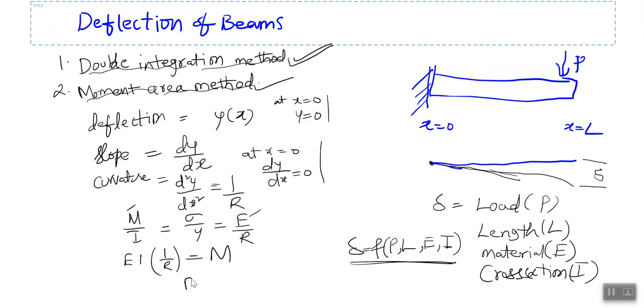So this EI into this 1 by r is nothing but EI d square y by dx square, which is equal to M, the bending moment. So this equation is called the governing equation for finding the deflection, because if we integrate this equation two times, we will get the y value, that is the deflection. So to get the deflection, we are integrating this equation two times, so we are calling this method as double integration method.